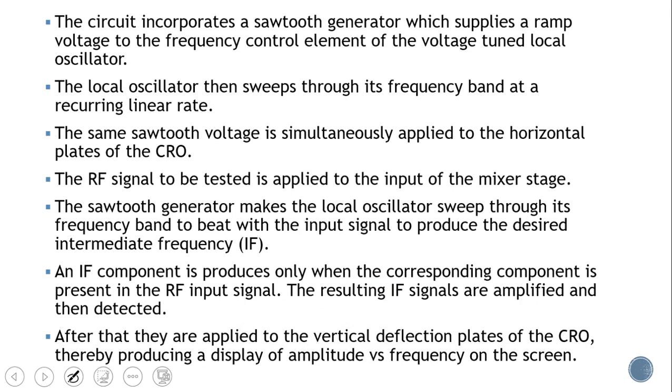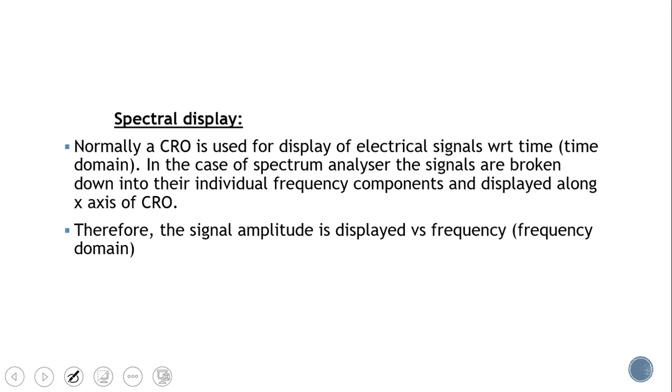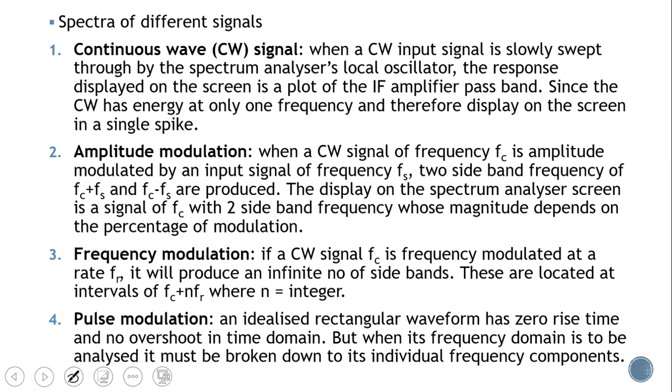So you're using it to find the frequency components, which are displayed along the x-axis of the CRO. This has already been discussed. You are getting a plot of amplitude versus frequency, and that is what your CRO is going to be plotting, and these are the spectra of different signals.